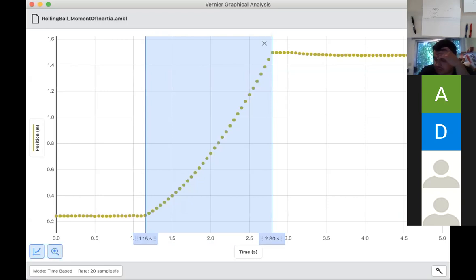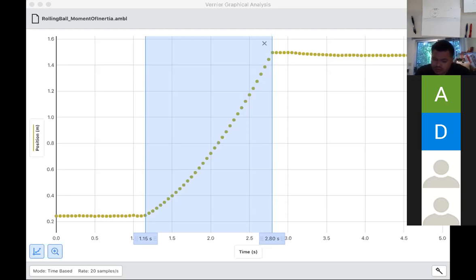Right, which is, all right, somebody bust out Google. 9.8 times sine of 5 degrees. Okay. So what acceleration would we expect? 0.85 meters per second squared.